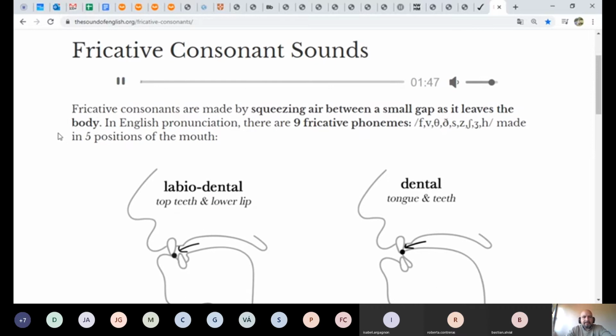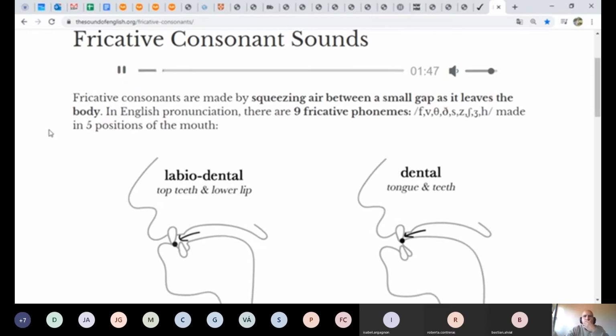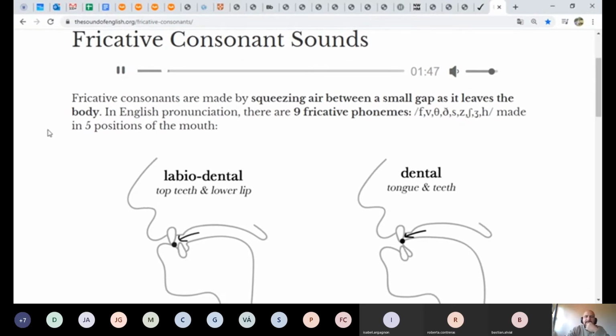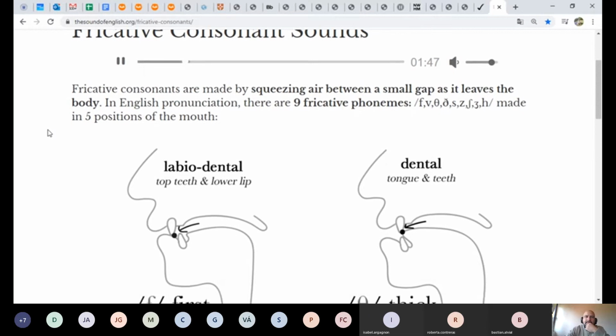Fricative consonants are made by squeezing air between a small gap as it leaves the body. In English pronunciation, there are 9 fricative phonemes: f, v, th, th, s, z, sh, zh, h, made in 5 positions of the mouth.